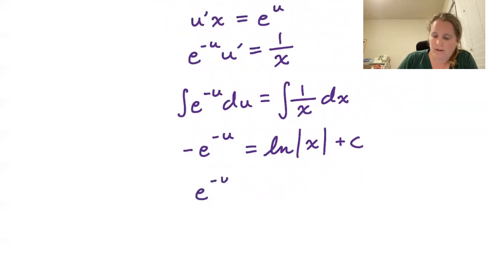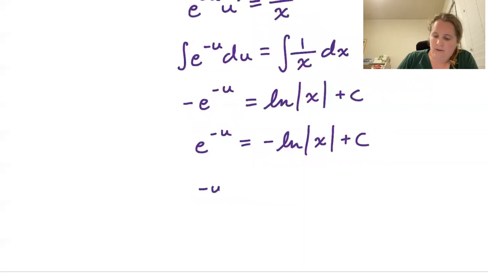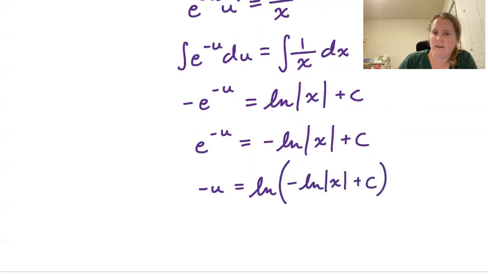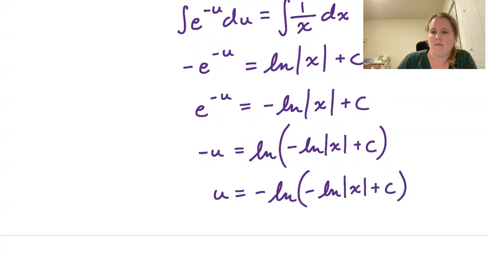So we have e to the negative u is equal to negative natural log of the absolute value of x plus c. Negative u is therefore equal to the natural log of negative natural log of the absolute value of x plus c. And u is equal to negative natural log of negative natural log of the absolute value of x plus c.